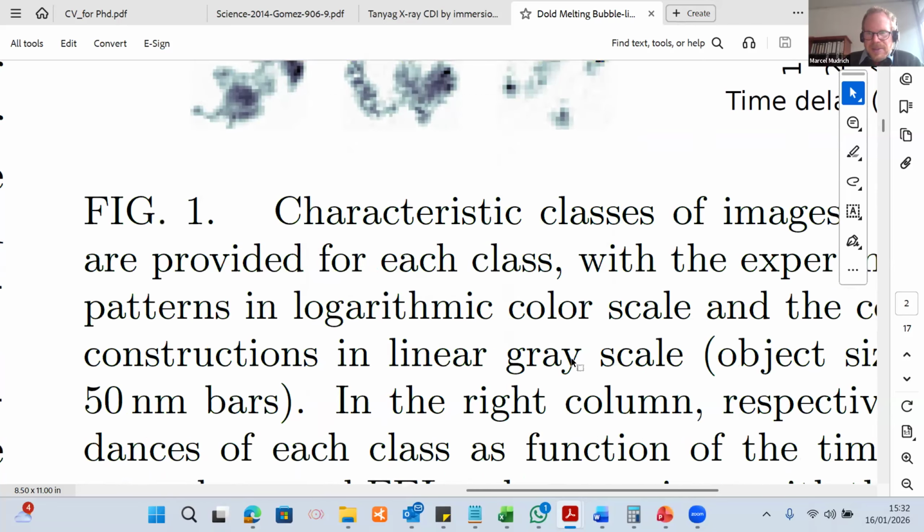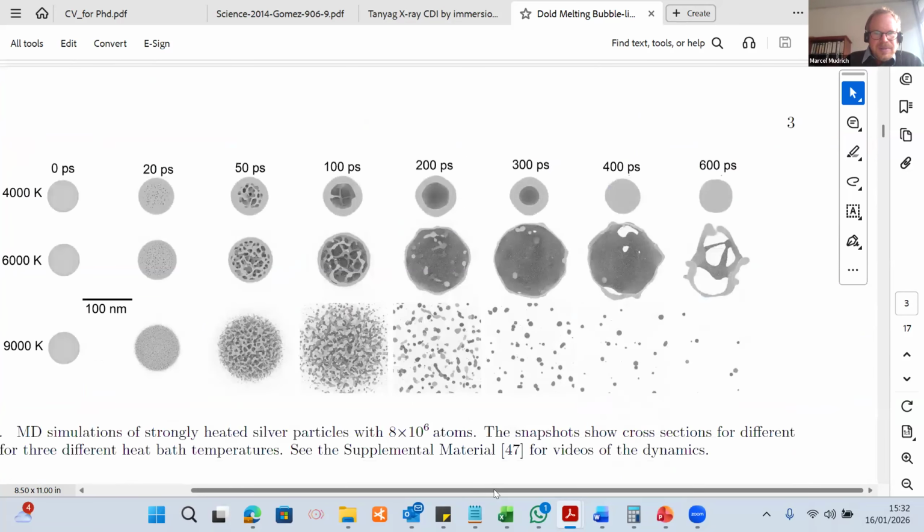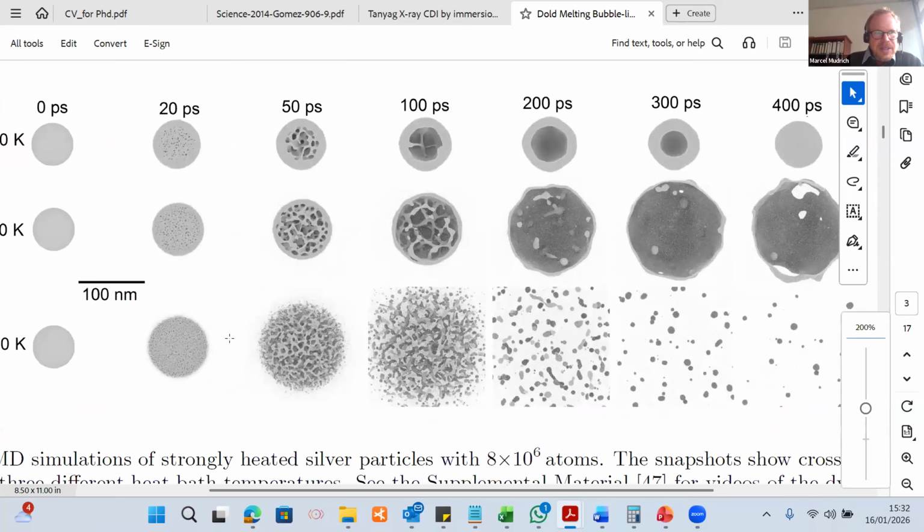And according to the MD simulations that were accompanying this work, it can be simulated that such a silver nanoparticle, when you impulsively heat it by this short and intense infrared pulse, starts kind of boiling inside.